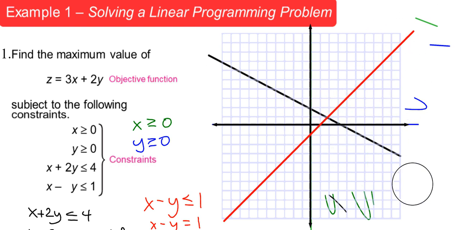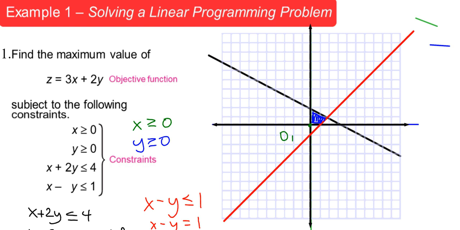And I know that the shading is going to be down in this little region right here. I'm just going to have that little region shaded on my graph, and that way my file's a little smaller. And then I'm going to find those edge points.